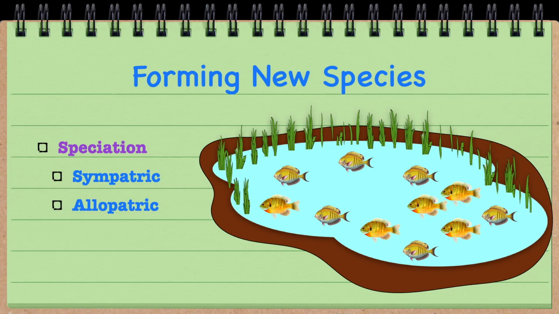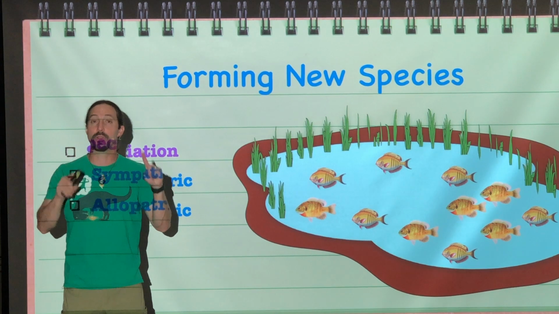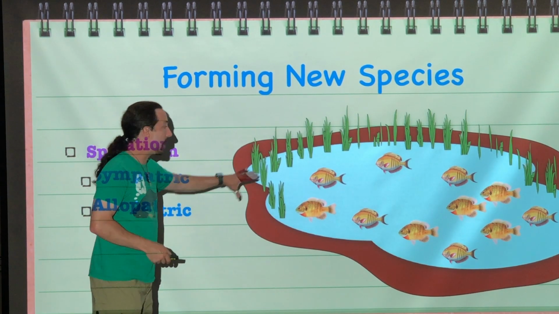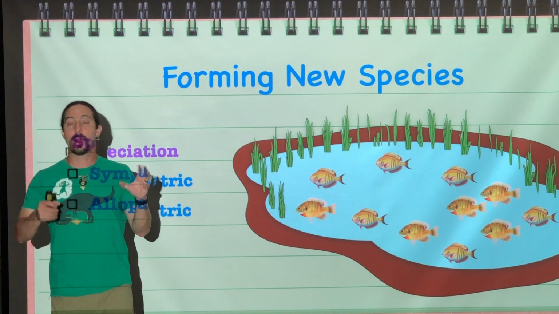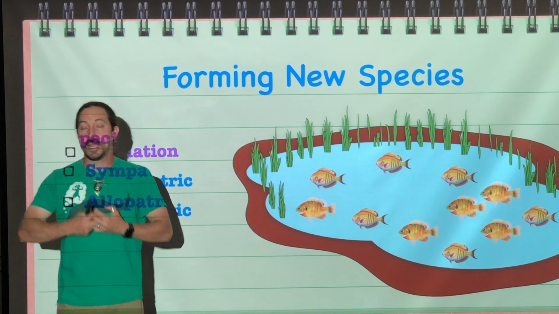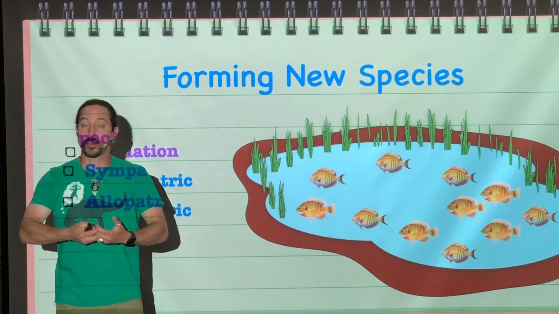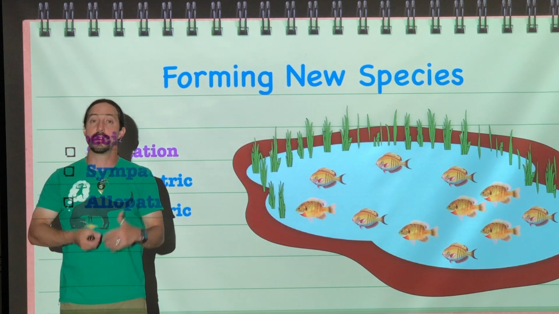And these two populations now do not share the same gene pool because they do not reproduce with each other. That is sympatric speciation, where a new species forms within the geographical boundary of the original species.